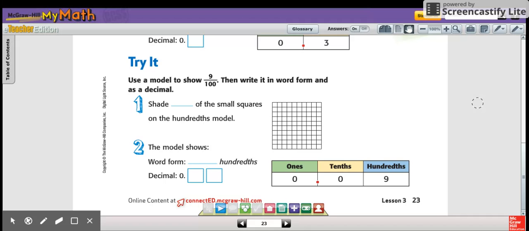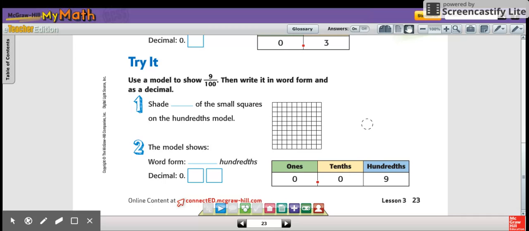How many do you think are there? If you don't know, you can count as if it's an array. We have 10 across and we have 10 down. So 10 times 10 would be 100. So the whole thing has 100 squares.